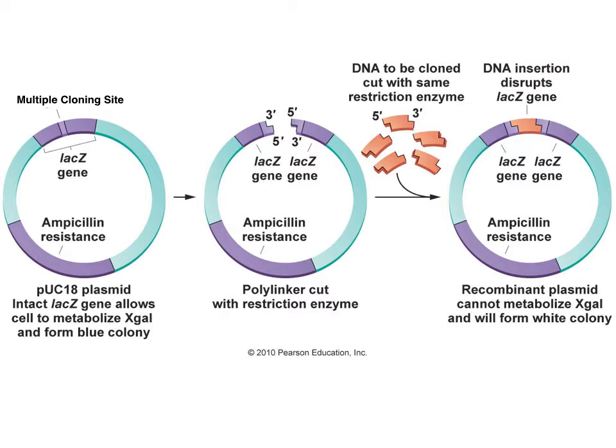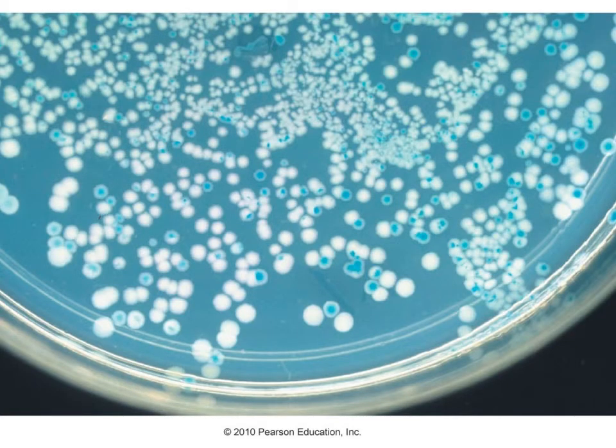Okay, so this is called bacterial cloning, because what we're going to do is put this into cells, and then we grow a boatload of those cells, and every time that cell divides, it is cloning, making an identical copy of whatever's in these plasmids. So when we grow these things on a plate, we're going to see some colonies that are white and some colonies that are blue. And you should know what that means now. You should know which one of these we want.